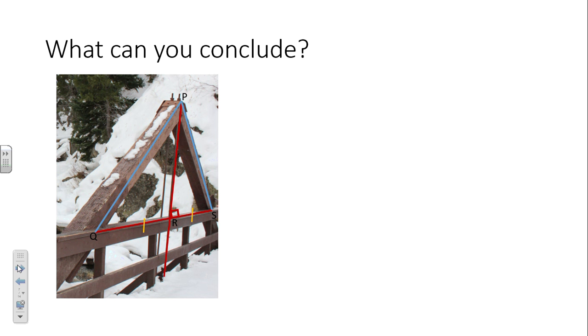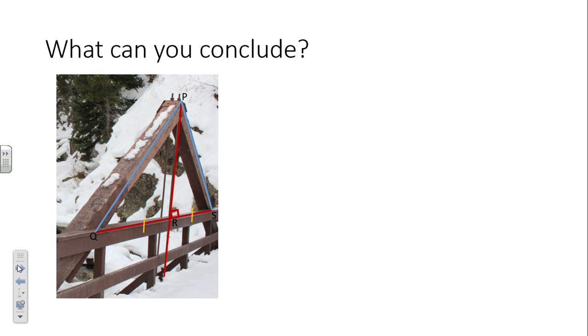But being the geometry teacher that I am, I immediately saw that this was something that relates to math. What can we conclude about this bridge? Yep, we've got a triangle, a triangular shaped bridge, don't we? Or at least the supports on it are triangular shaped, right?